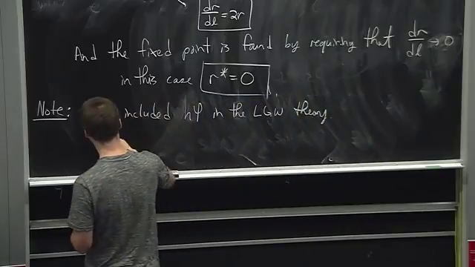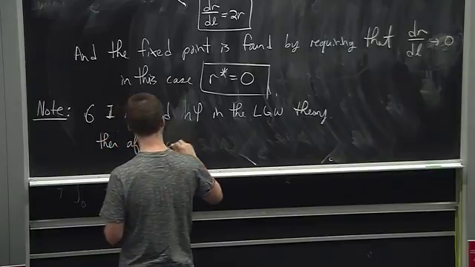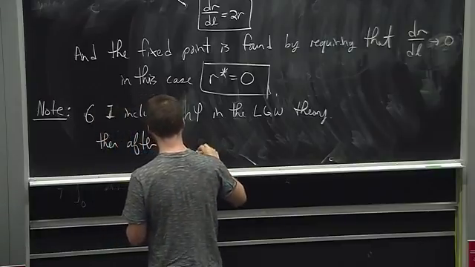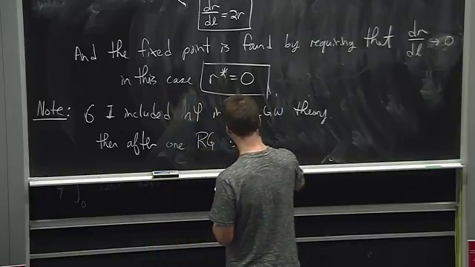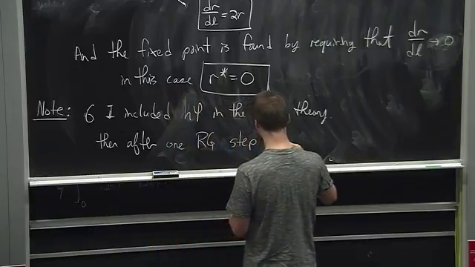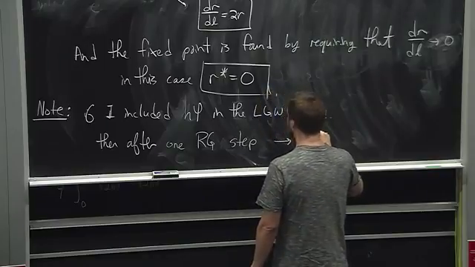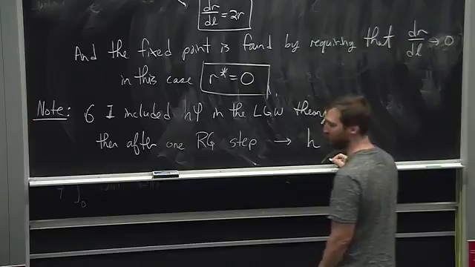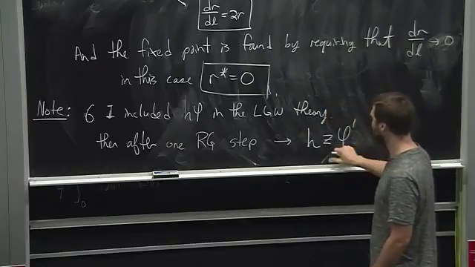Then after an RG step, you can just figure out exactly how this works. This would become H. You only have one field, so Z phi prime.